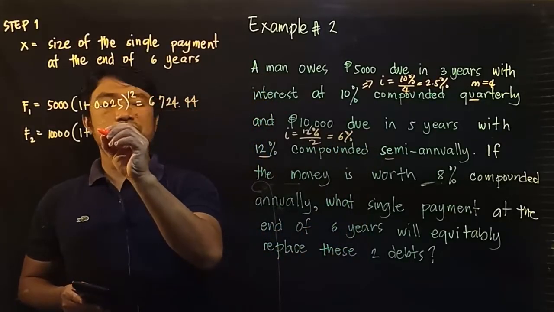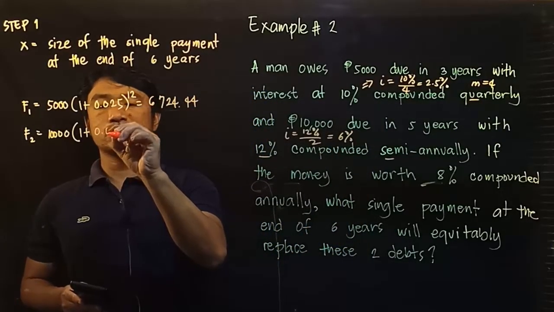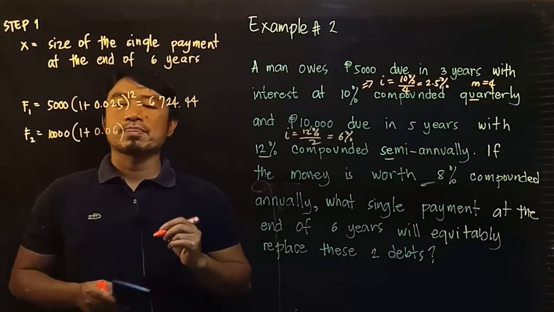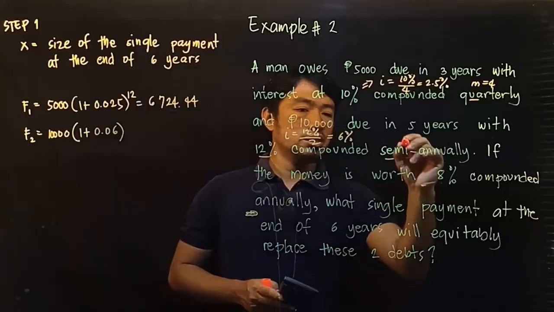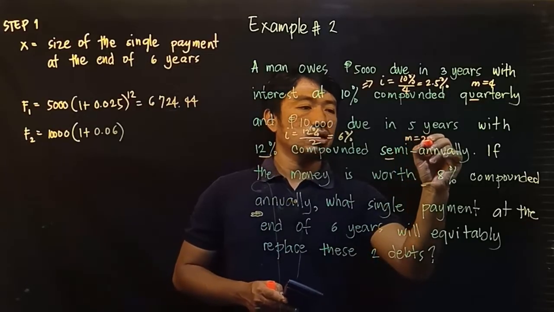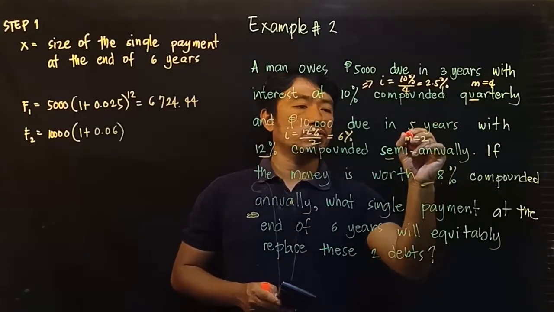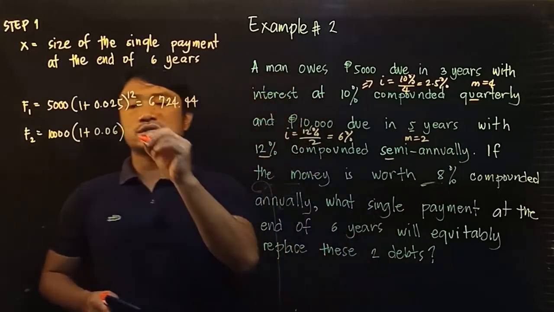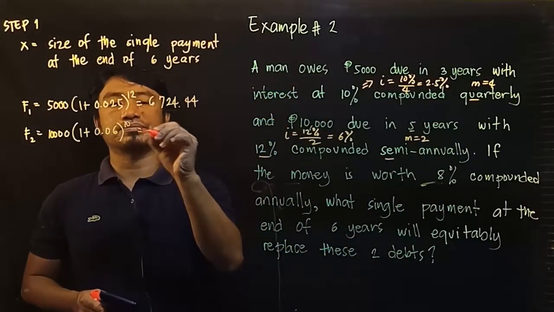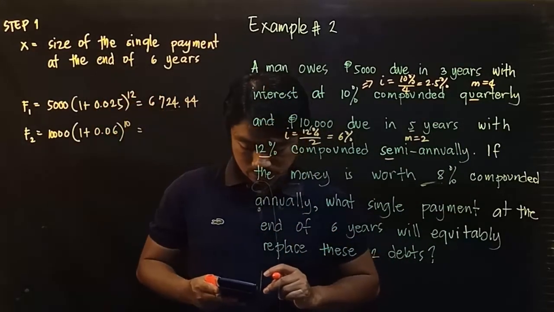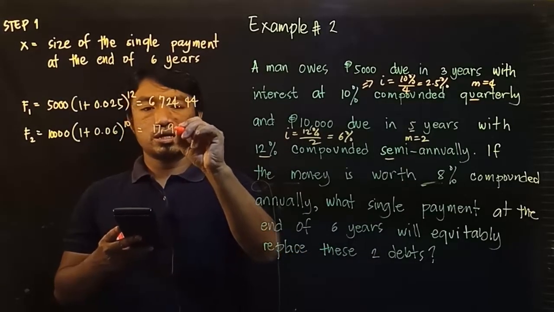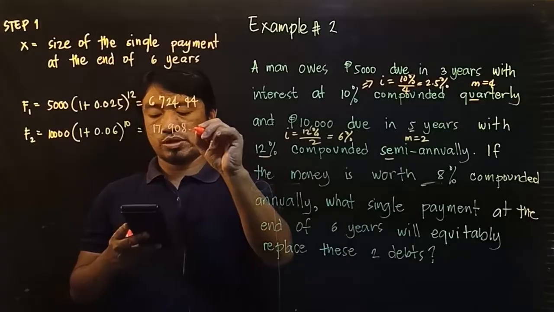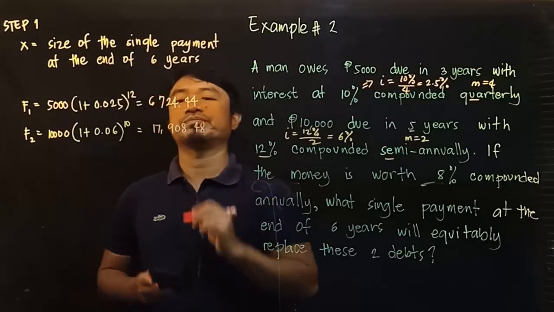So the interest rate per compounding period is 0.06. And the number of periods, since m is equal to 2 and t is equal to 5 years, therefore n is equal to 10. This is 17,908.48.